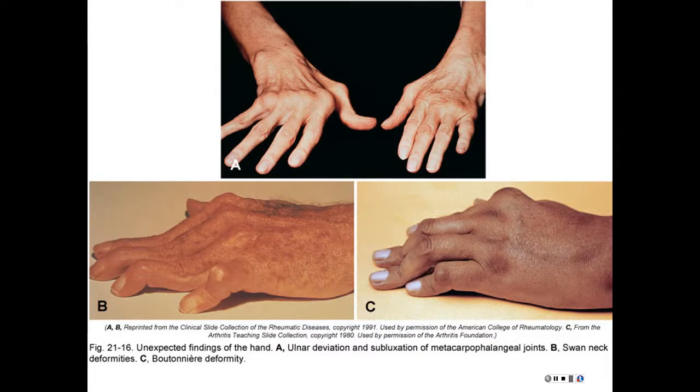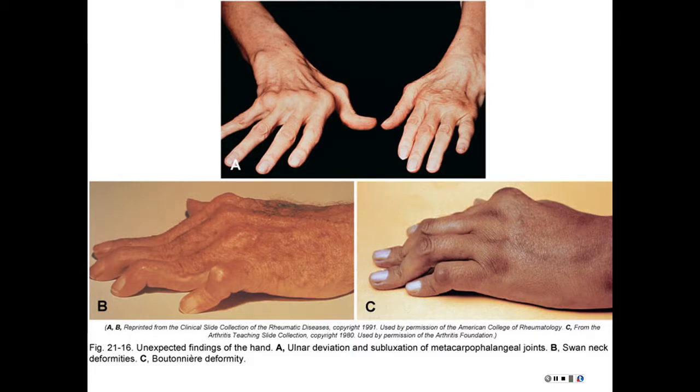On rheumatoid arthritis, which is the top picture, you have what's called an ulnar deviation. All the fingers deviate over towards the ulnar side versus the radial. You can also have swan-neck deformity, which is in picture B. From the fingernail going back towards the knuckle, it looks like the neck of a swan.